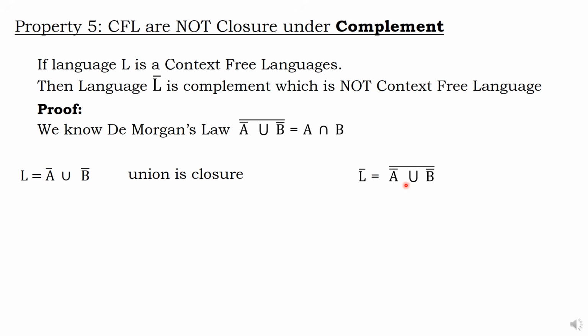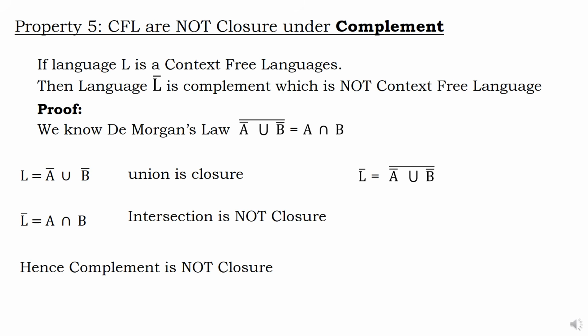This is the same as A intersection B. Therefore L bar is nothing but, as per De Morgan's law, A intersection B. Now what is the conclusion? L is this, L bar is this. Union is closure, intersection is not closure based on property 4. So L is context free, but L bar need not be context free. So complement is not closure.